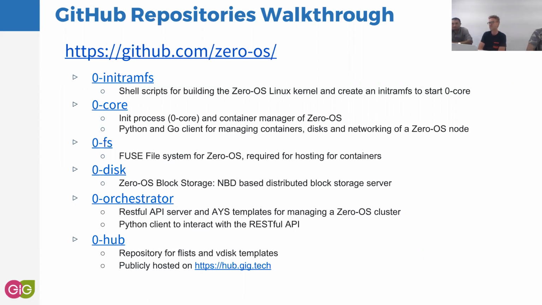And initramfs has as main task to make sure that the zero core, which I will explain in one of my next slides, gets started. So it's basically the bootstrap thing that starts, and then the kernel, and then zero core needs to start.